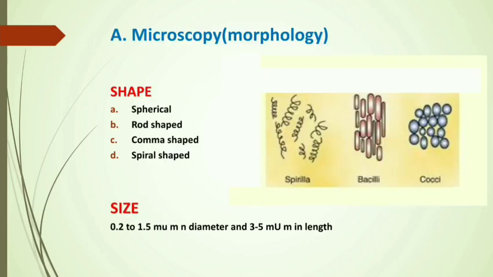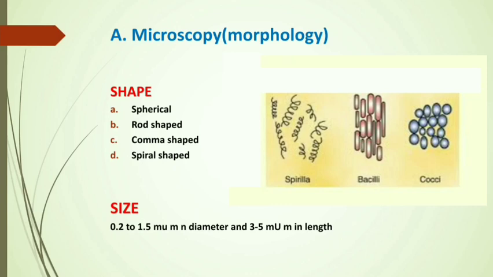First, we look at microscopy. In microscopy, we determine shape, size, and arrangement of a bacteria under the microscope. In shape, we see 4 different basic structures of a bacteria. It may be spherical, rod shaped, comma shaped, or spiral shaped.